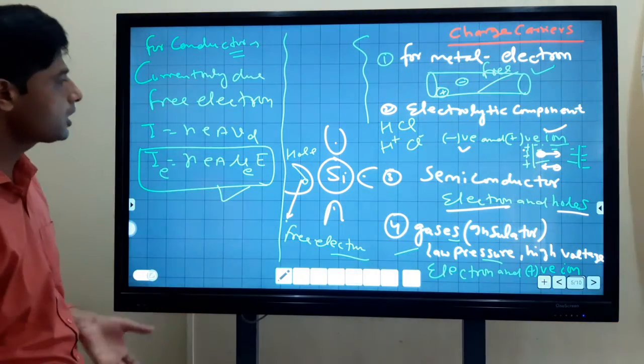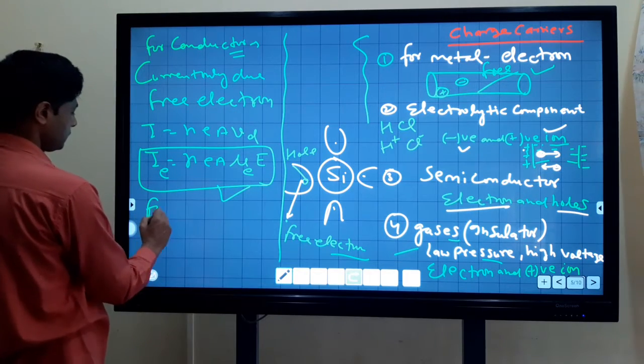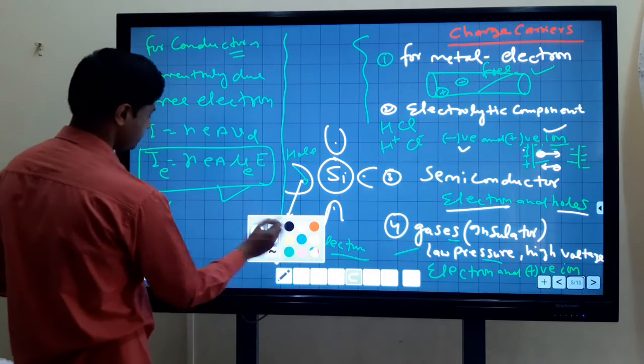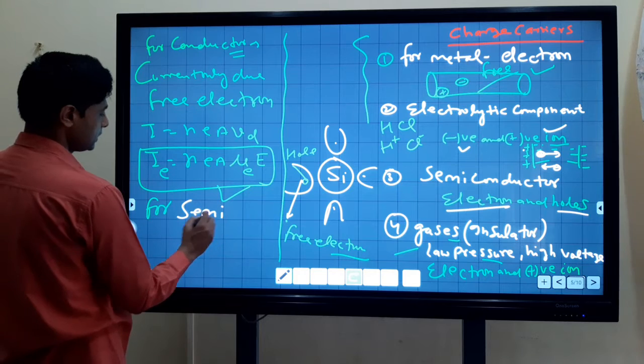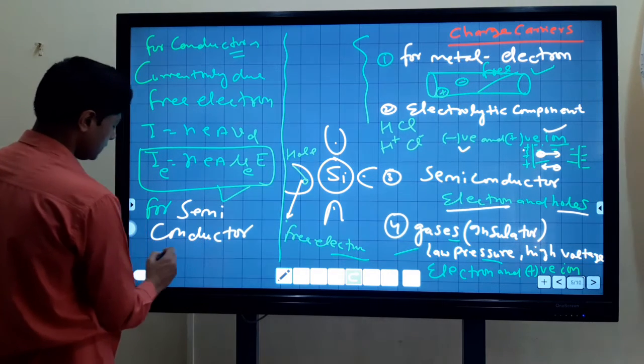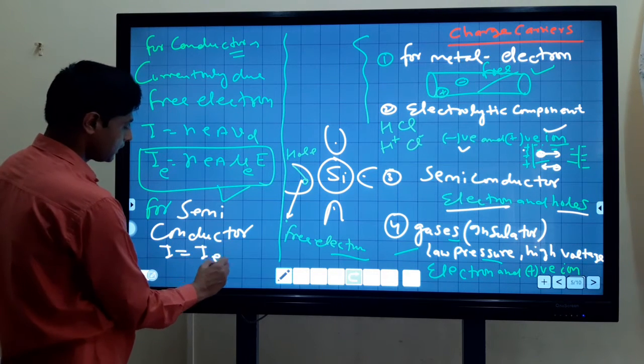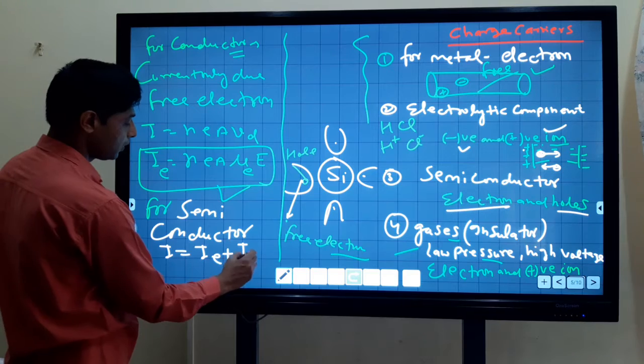But for a semiconductor, the total current is due to the electrons and holes.